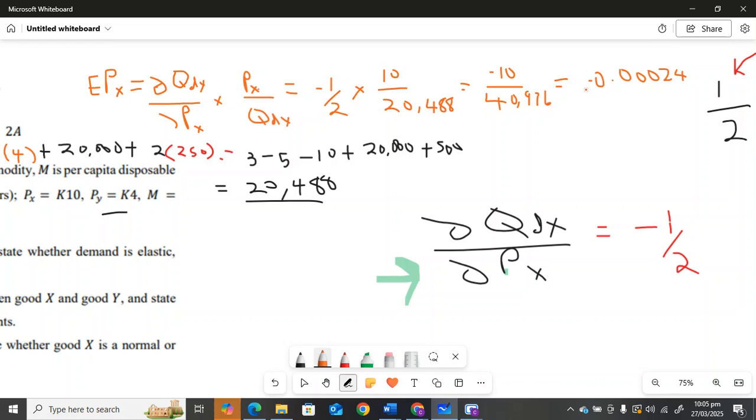Now we said for price elasticity of demand, you always get the absolute value because, as we said, when price increases, quantity demanded has to reduce. So you're always going to be getting negatives. So we get the absolute value. It just means we ignore the negative sign.